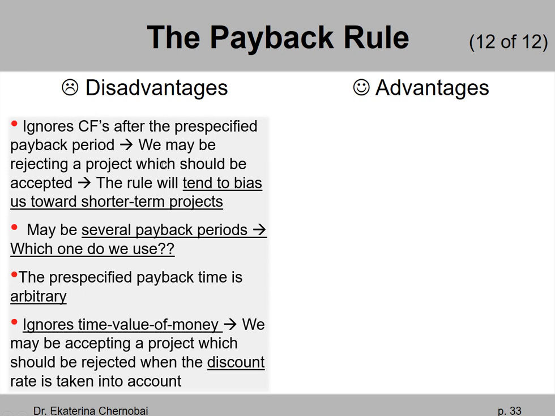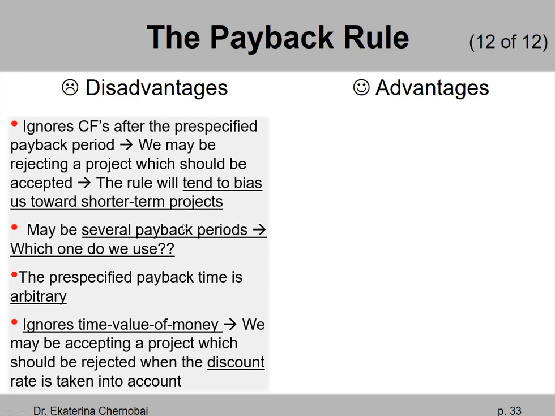And so we are essentially biased towards shorter term projects. We are always forced to accept a very short term project that pays back within our required payback period, right? And so that creates a problem that we may be rejecting a project which should instead be accepted.